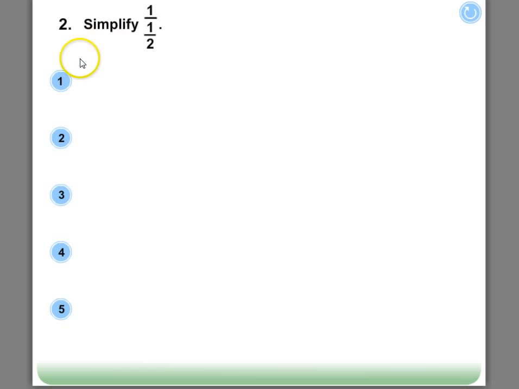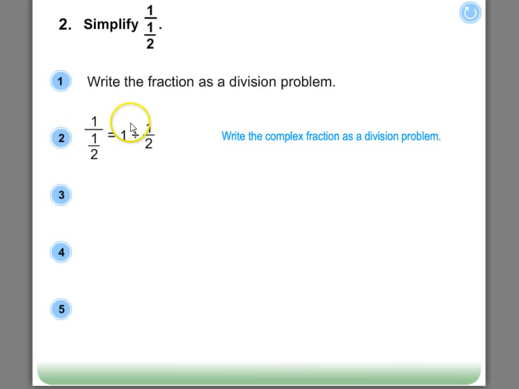We do the exact same thing, but this one you have to be careful. This is 1 divided by 1/2. So we want to rewrite it again as a division: 1 divided by 1/2. Remember, we cannot commute division.